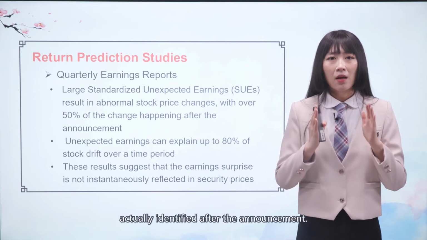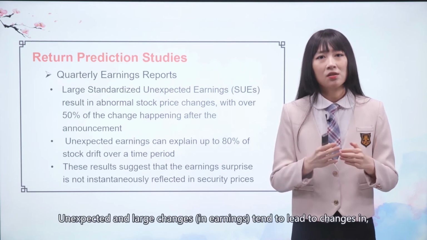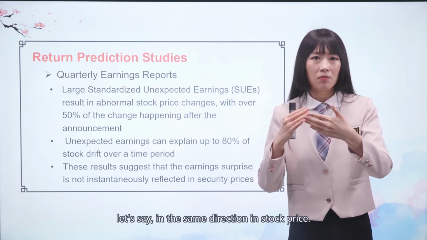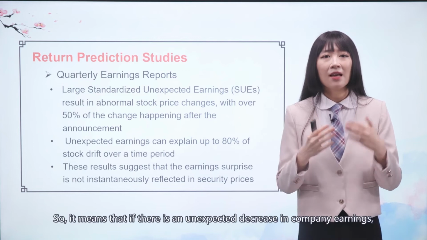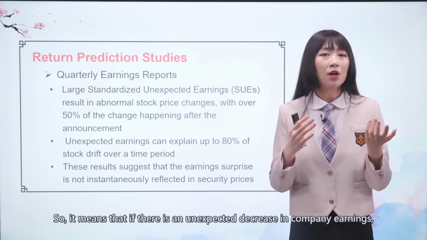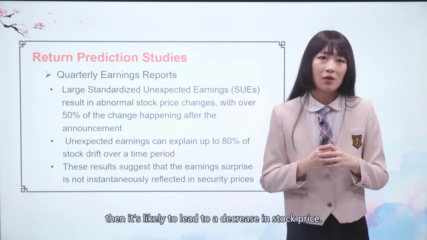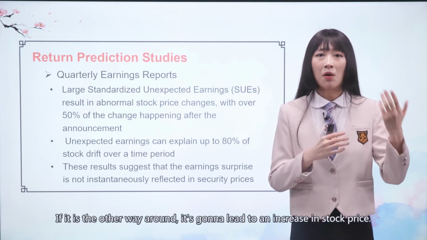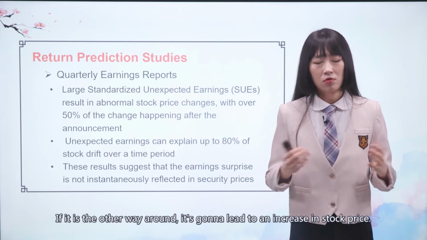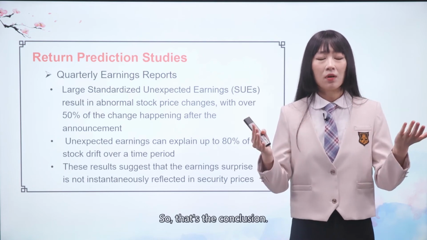Now, an unexpected large change tends to lead to a change in the same direction in stock price. It means that if there is an unexpected decrease in company earnings, then it's likely to lead to a decrease in stock price. If it's the other way around, it's going to lead to an increase in stock price. So that's the conclusion.